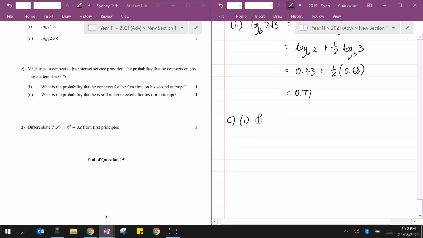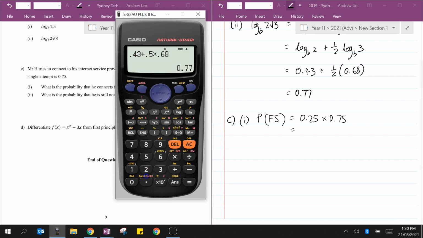So the probability that he failed and then he succeeded has to be 0.25, because the probability he failed is 0.25, times 0.75, which is the probability he succeeded on the second attempt. Which is 3 on 16.